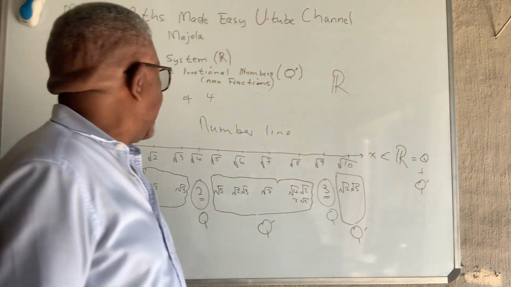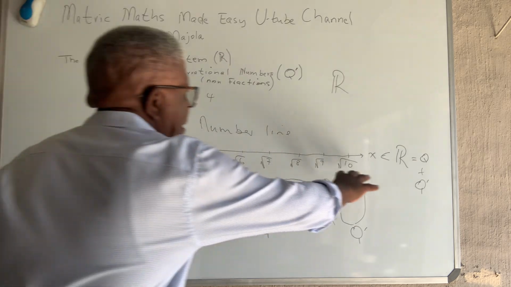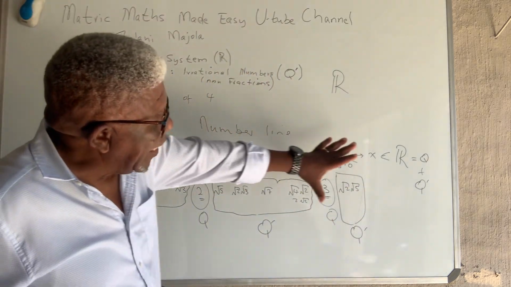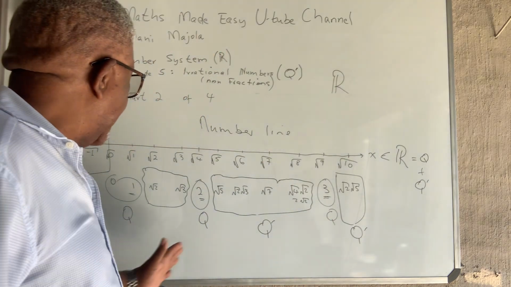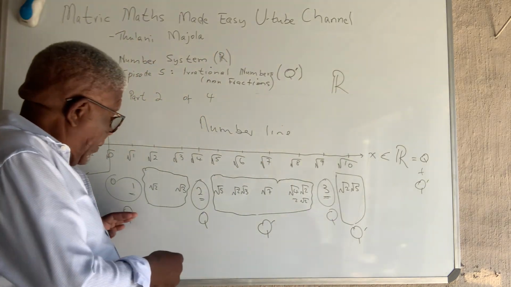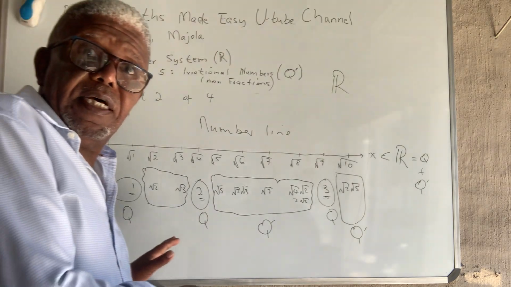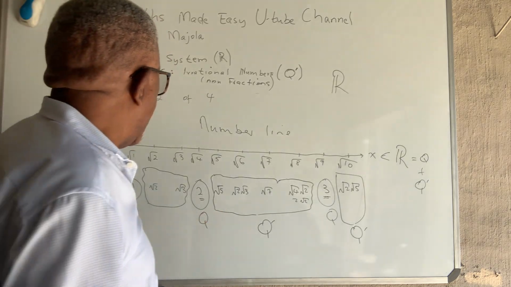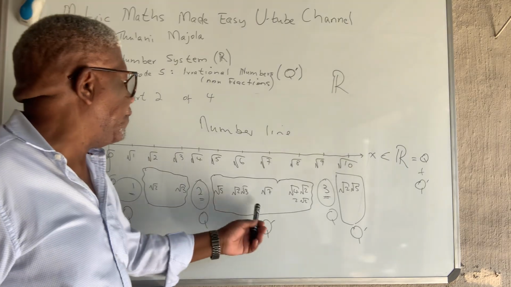So here in this part 2, I'm just showing you that the number line actually presents all the real numbers. But these real numbers have got two types of numbers. It's got the integer part, which is the natural numbers, which is the whole numbers, and it's got also the non-integer part, the one that we cannot present as a fraction.